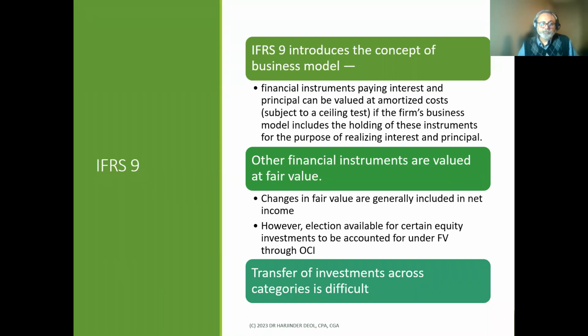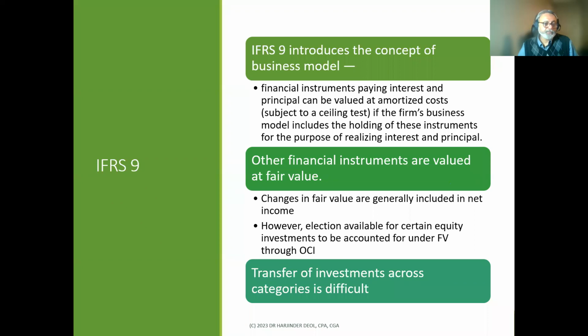It is possible to reclassify financial instruments from one class to the other, but it tends to be a little more difficult, right? And there are restrictions. For example, if you elected to use fair value through other comprehensive income for an investment in shares, you can't reclassify them as fair value profit or loss.